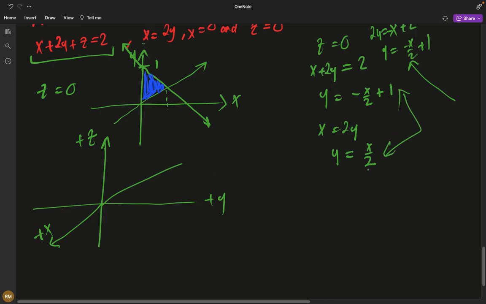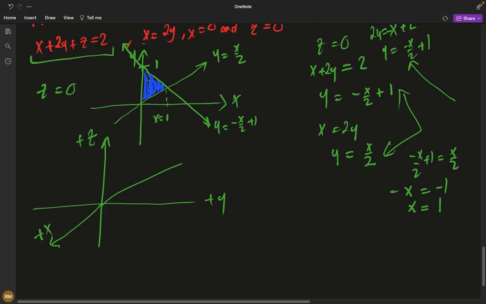We have -x/2 + 1 = x/2, which will give us -x = -1 and x = 1. This is where they are intersecting, at x = 1, where y = -x/2 + 1 and y = x/2 meet.